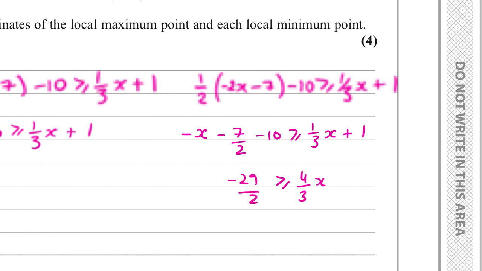Divide that by 4 over 3, and I get minus 87 over 8 is greater than or equal to x. Again, you can rewrite that as x is less than minus 87 over 8.